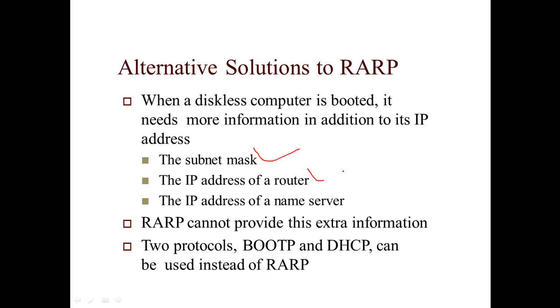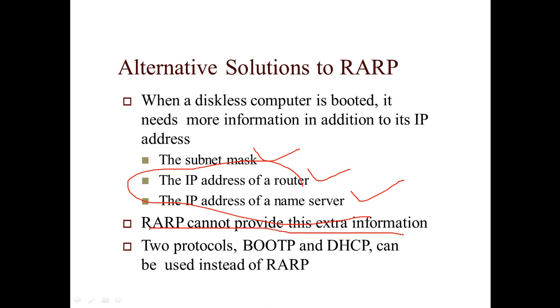This information is very important when you boot a diskless computer. There is no memory, so you have to have some information about these things. RARP cannot provide this extra information.